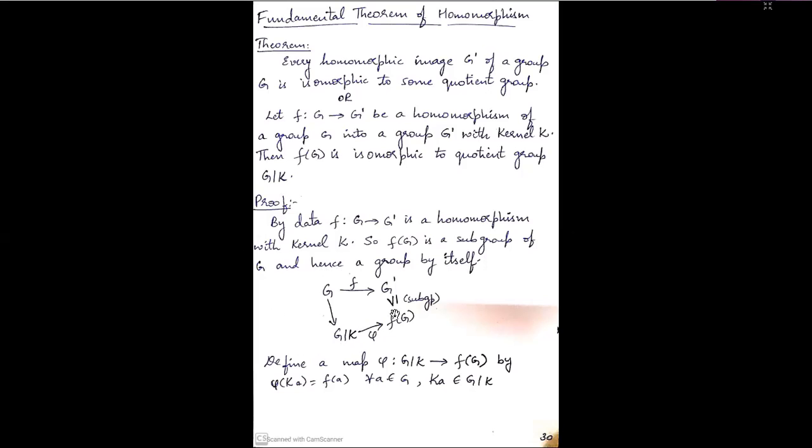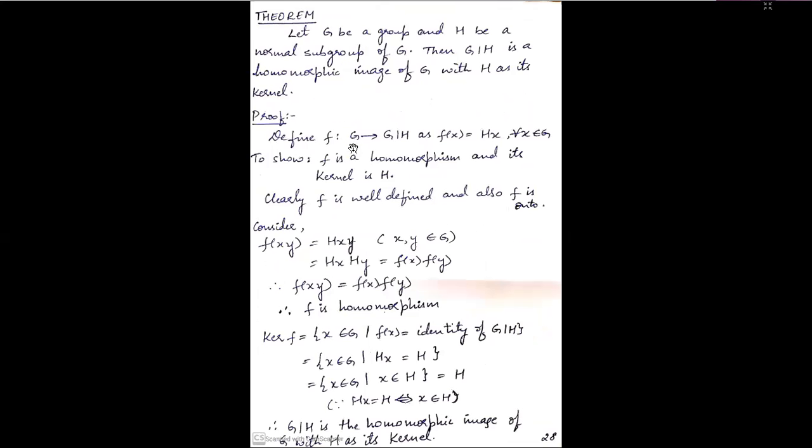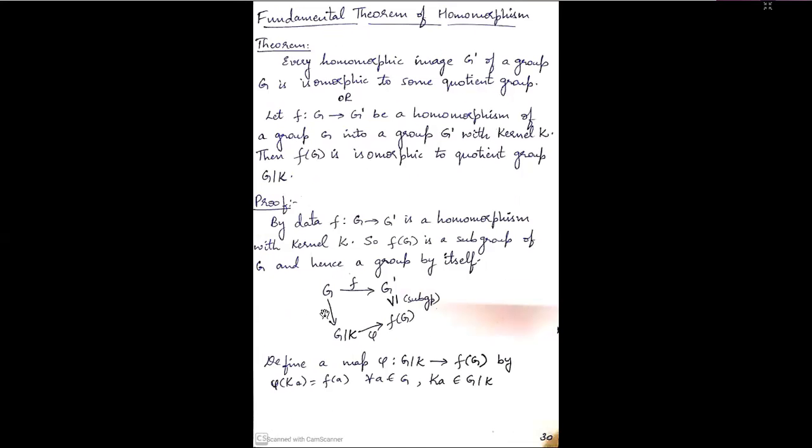Looking at this diagram, you can understand that G to G' is a homomorphism, that is f, and G to G/K. We have already shown in the previous theorem that G/H is the homomorphic image of G. So we can define a function G to G/K, and G/K is the homomorphic image of G. Also, f(G) is a homomorphic image of G by defining the function f.